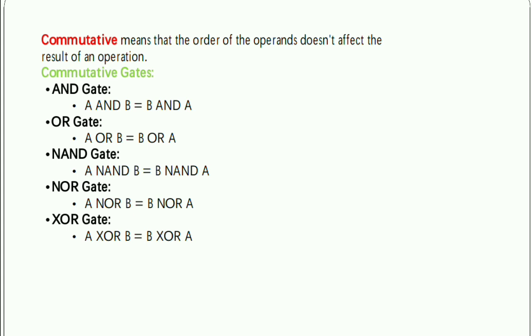So A AND B equals B AND A. A OR B equals B OR A. A NAND B equals B NAND A. A NOR B equals B NOR A. A XOR B equals B XOR A. So these are the gates that satisfy the commutative property: AND, OR, NAND, NOR, XOR.